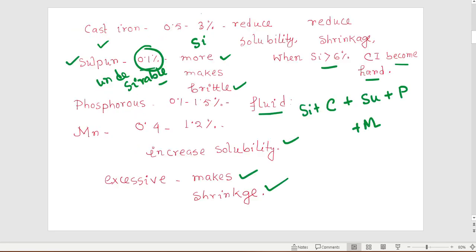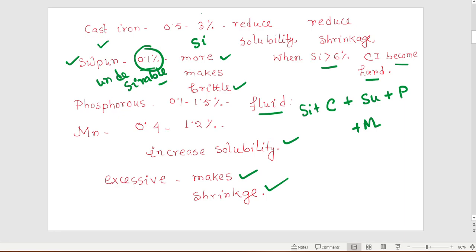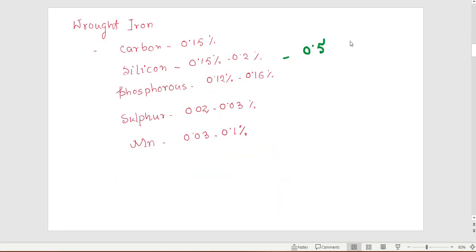Now wrought iron, what I have said: 0.15 to 2% in case of wrought iron, but in case of cast iron, 0.5 to 3%.